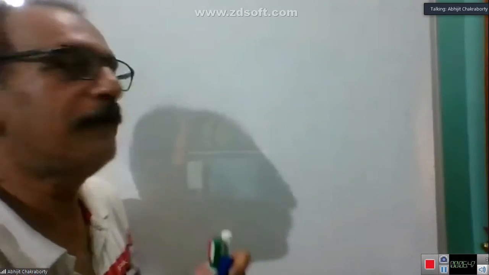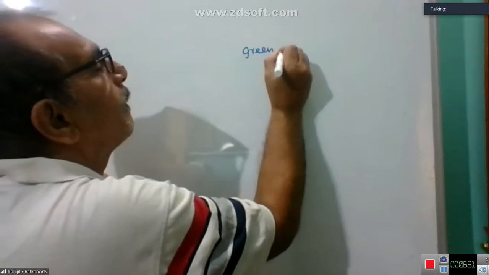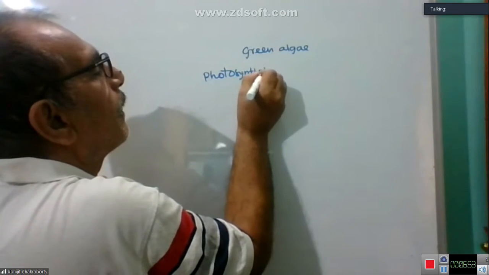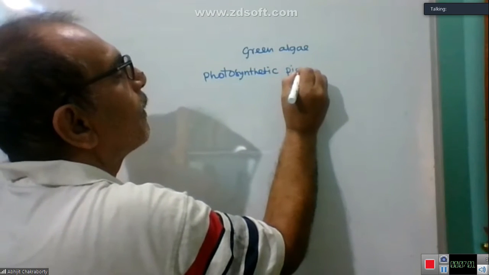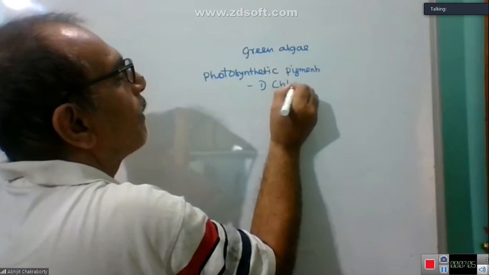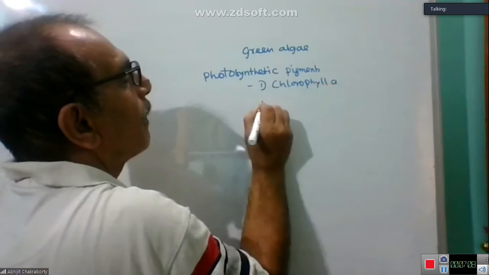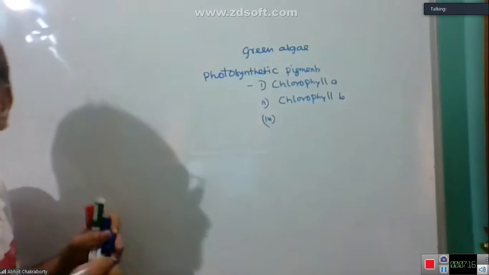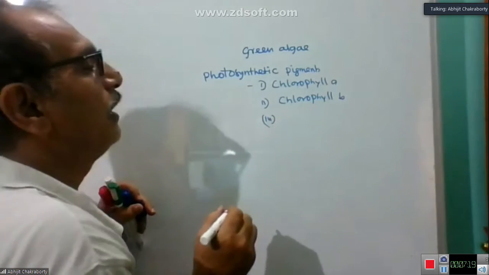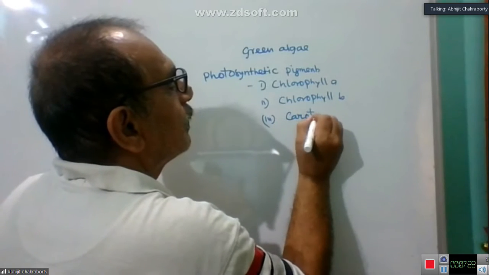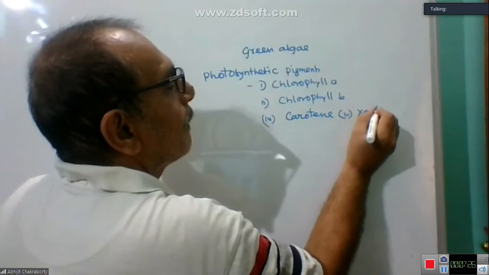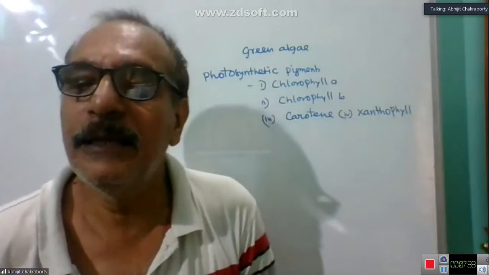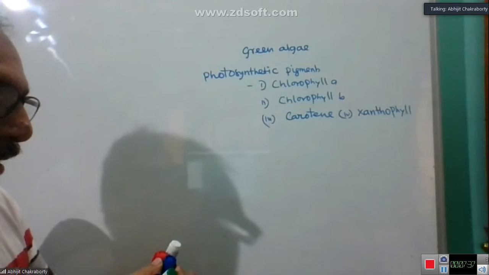And you know the photosynthetic pigments present in green algae: chlorophyll A, chlorophyll B, carotene, and xanthophyll are the pigments present.